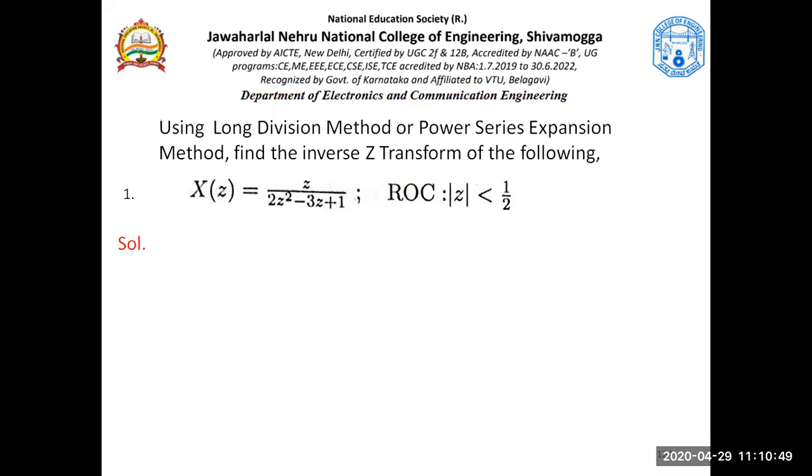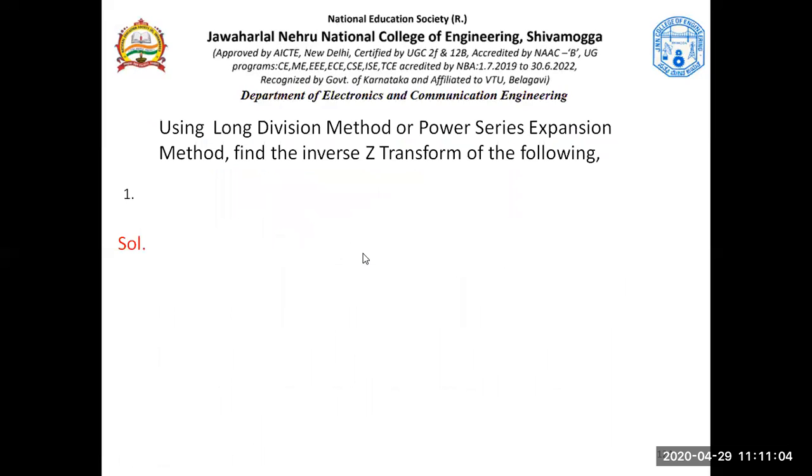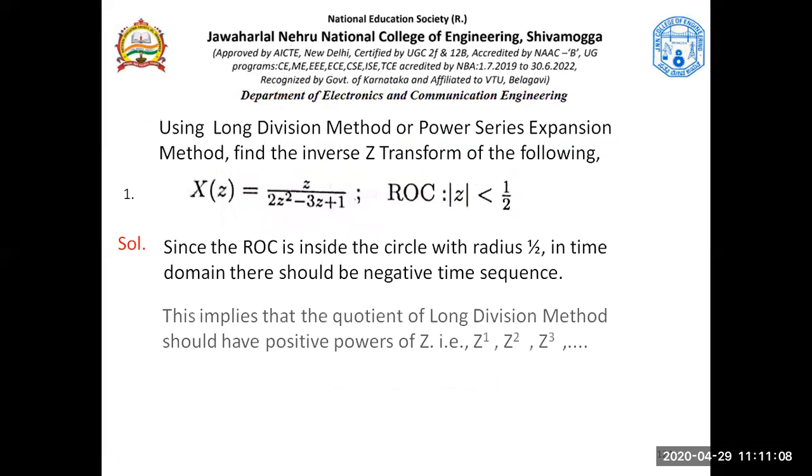With a left-sided sequence, which powers of z are associated? The positive powers of z are associated. So we are actually interested in obtaining the positive powers of z because the region of convergence is within the circle. Understand? So positive powers means in the quotient of this long division method, you need to have the positive powers.